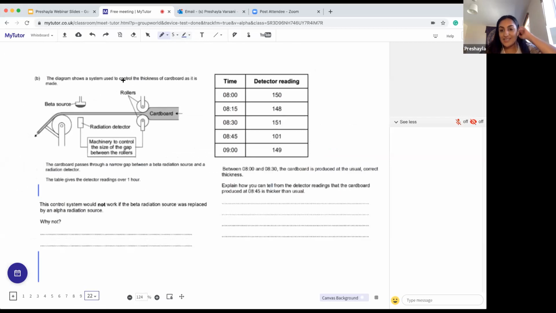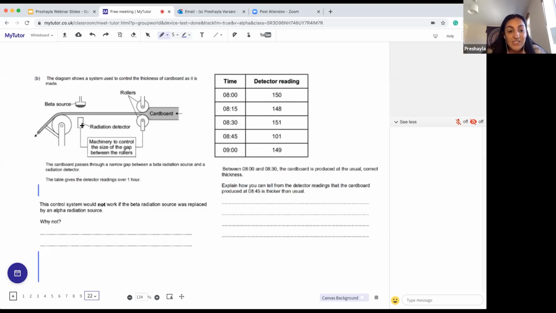Okay, so this exercise, this past paper question, talks about the application of beta, which we looked at earlier, which is how can we test whether the thickness of the foil, or indeed it could be any other material such as cardboard, is the correct thickness. So how do we control the thickness of our material? Well, we said that we shine or pass a beta source through.